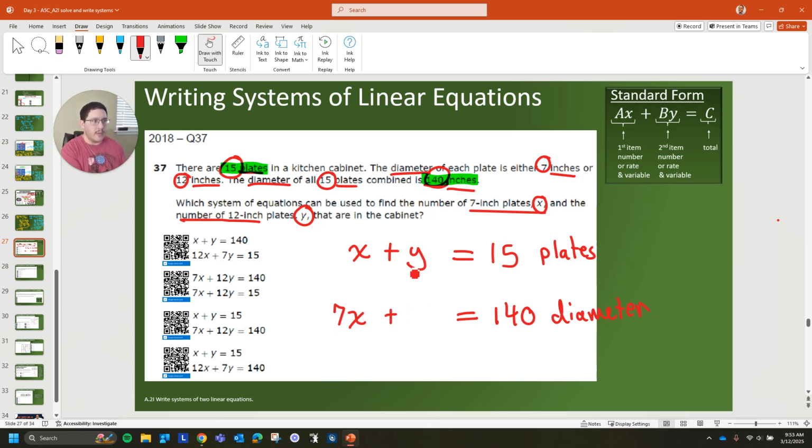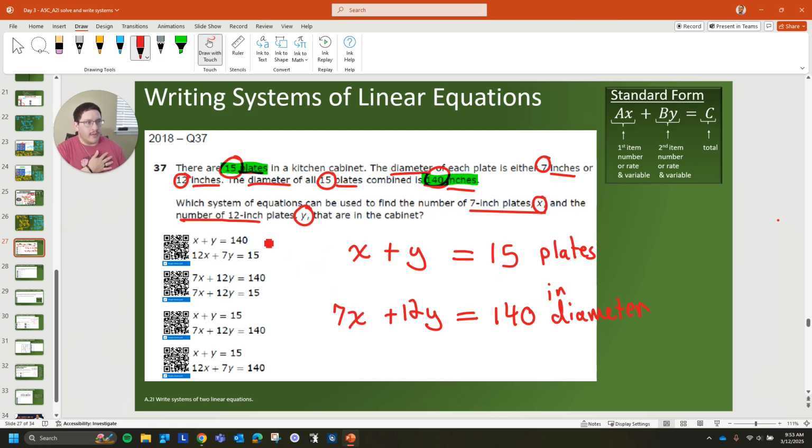And then we do the same thing with y. We have 12y to give us the total number of 12-inch diameter y plates. When we add those two together, we get 140 inches in diameter.